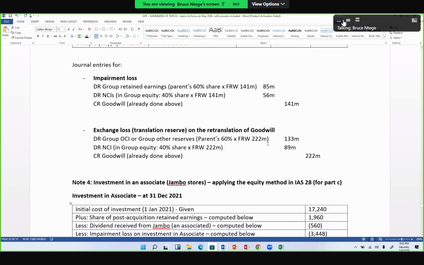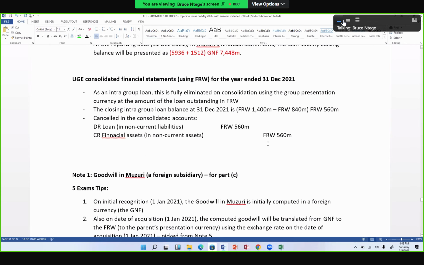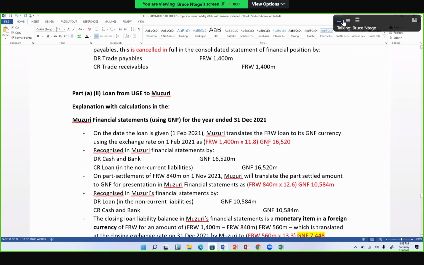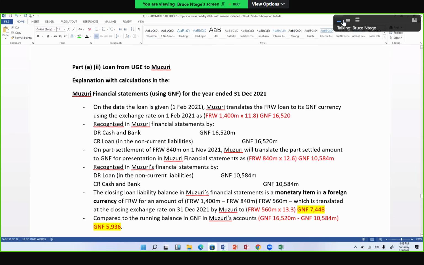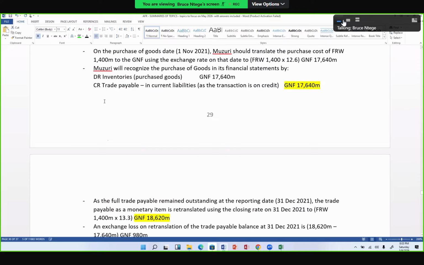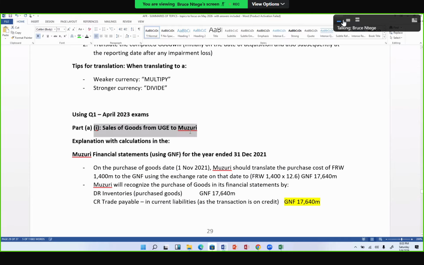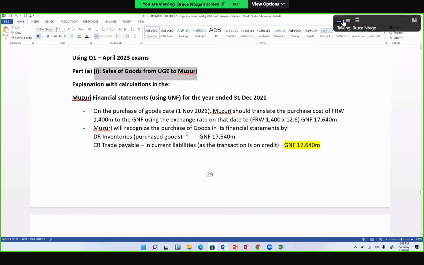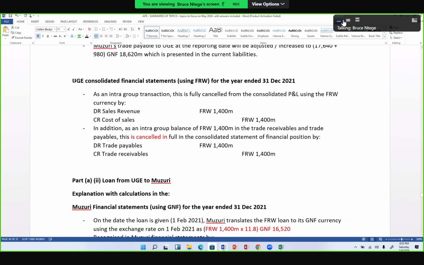But in part A1 of this question, we talked about issues that came from note, whatever note it was, where we had this loan. Let's start with part A1, sorry. Part A1, where we had sales of goods from UGE to Missouri. In this case, I go to the consolidated financial statements.